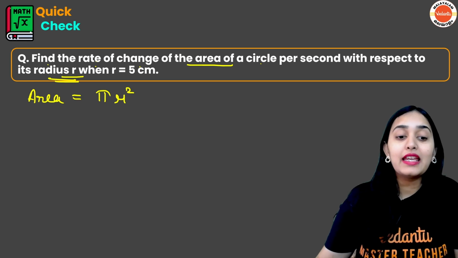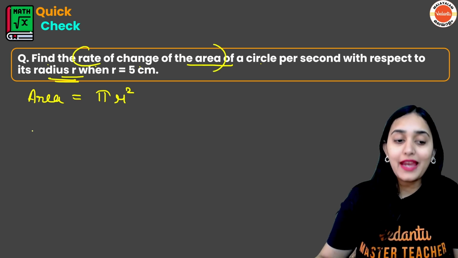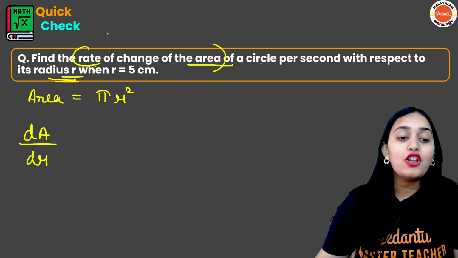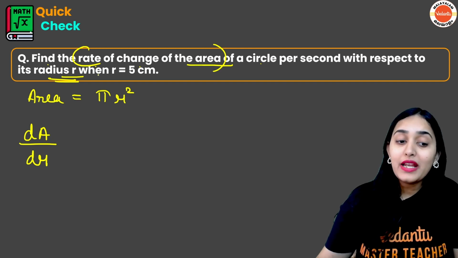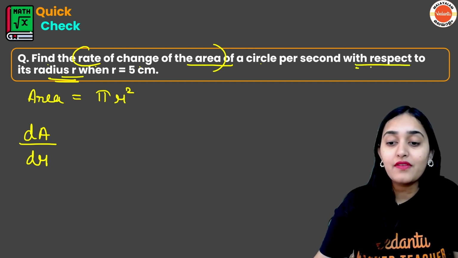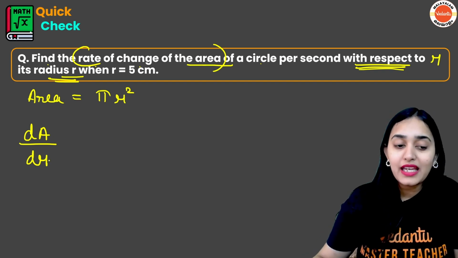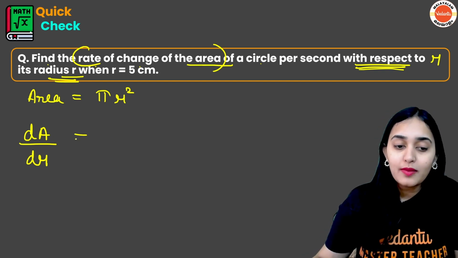They are asking the rate of change of area with respect to radius, so dA by dr.